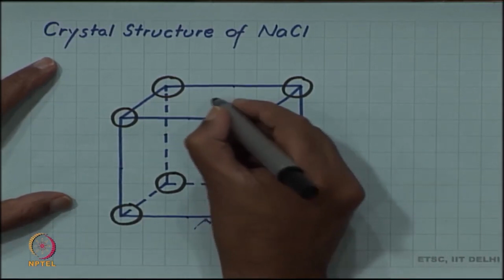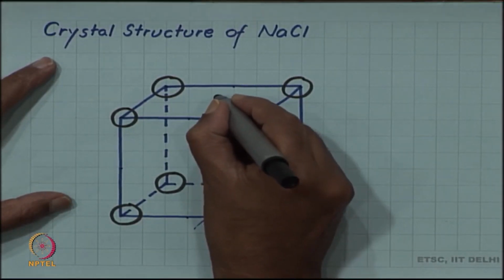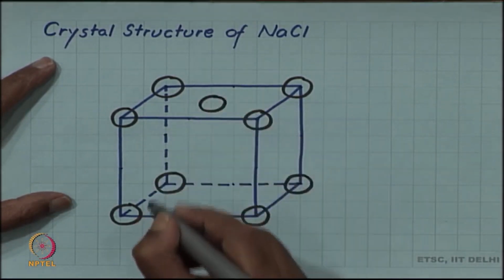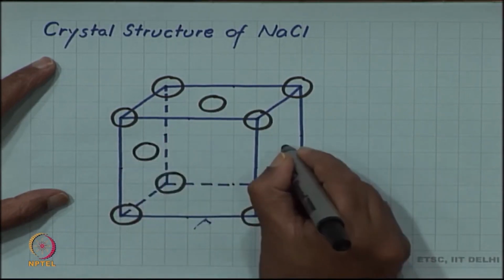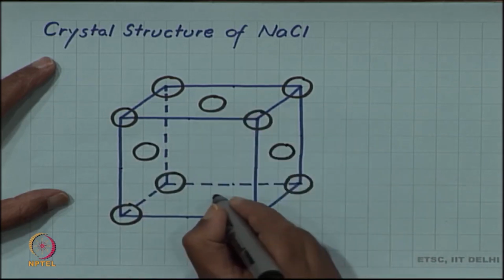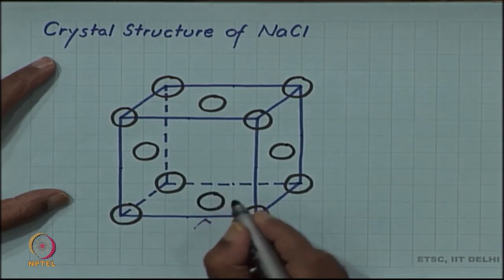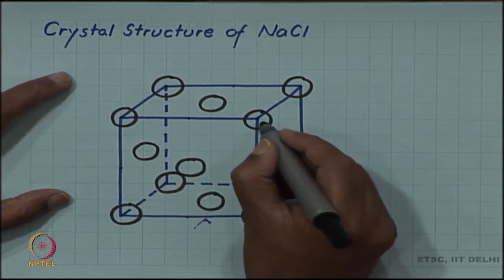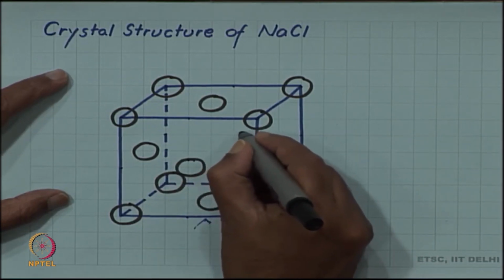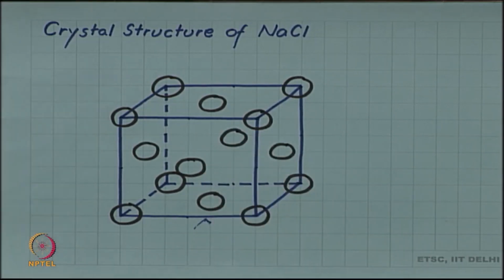These are the corners, then they are also on the face centers: left face, right face, top face and bottom face, and then we also have it on the front face and the back face. So, these are the 14 chloride ions in an FCC unit cell.